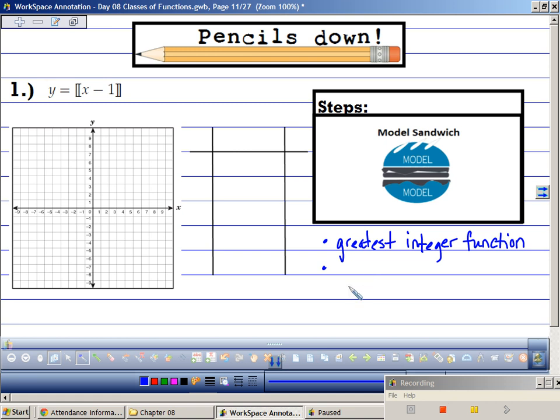What's the behavior of a greatest integer function? I'm going to remind myself that it looks kind of like steps. And then finally, the behavior of this particular greatest integer function is translated to the what?